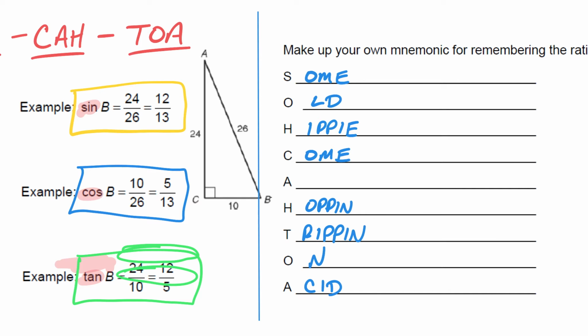It's a weird one, but a lot of people memorize it this way. SOHCAHTOA, some old hippie come a hoppin', trippin' on acid. Again, that's a Miss Ozturk original there. So if you like it, it's mine. If anybody gets in trouble, it's hers. All right, but you do need to memorize these trig ratios, and we will use those as we move forward.